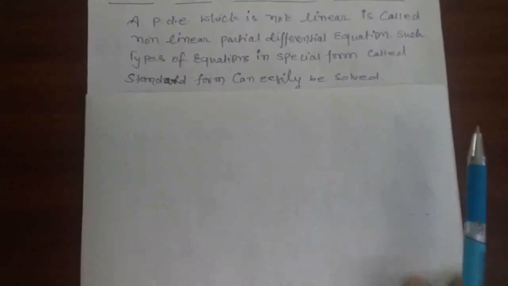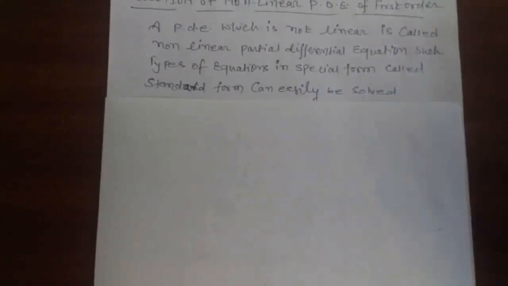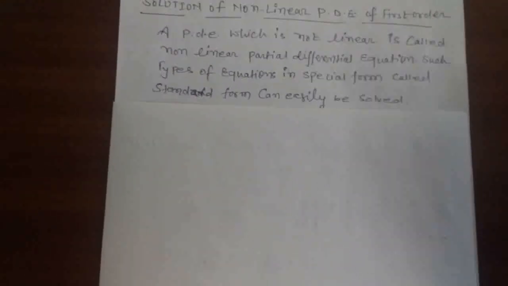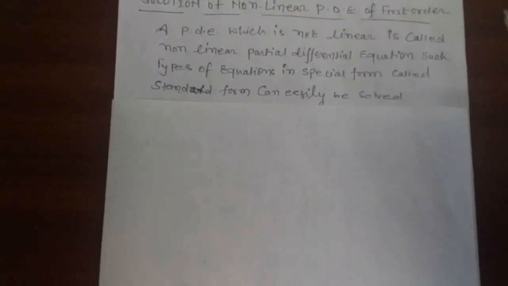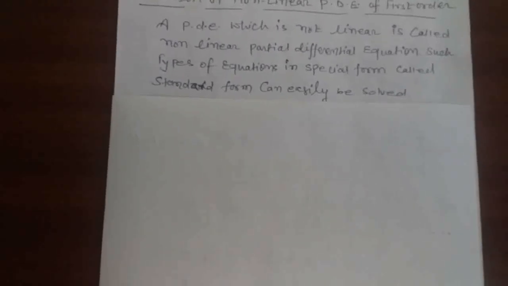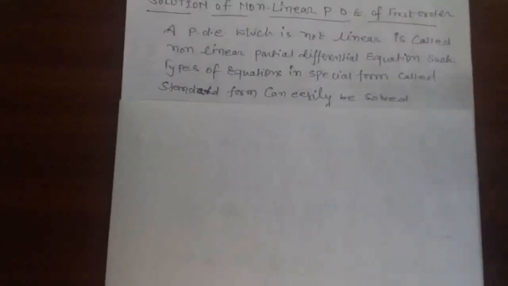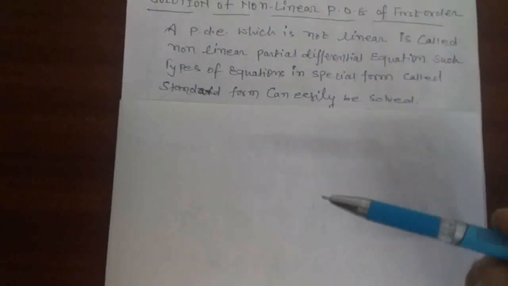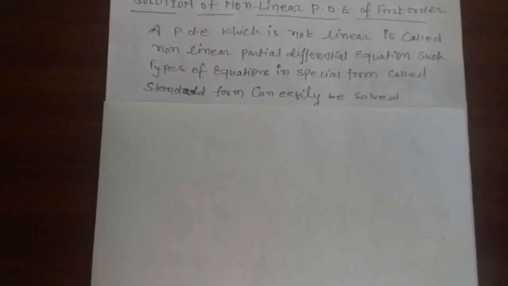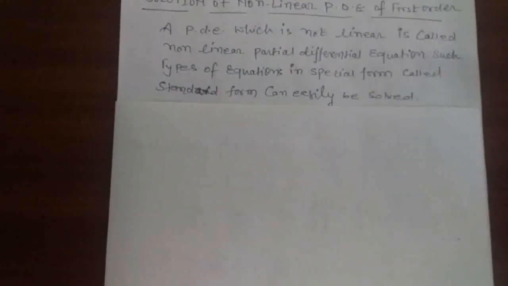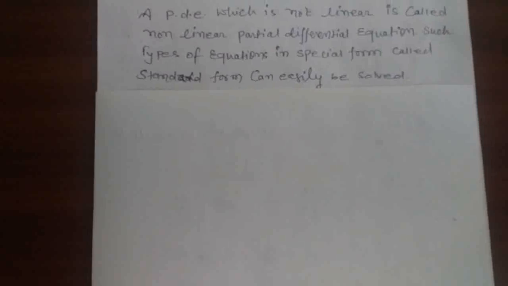If the power of any of p, q or z is other than 1, or there are product terms in the equation like pq, qz or zp, then the equation is called non-linear.